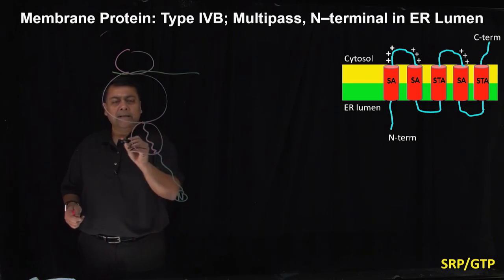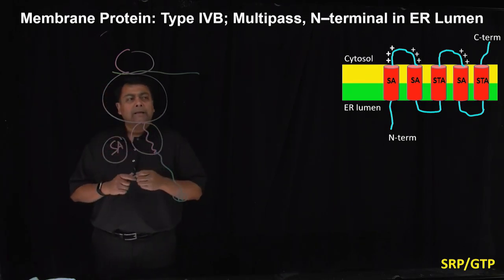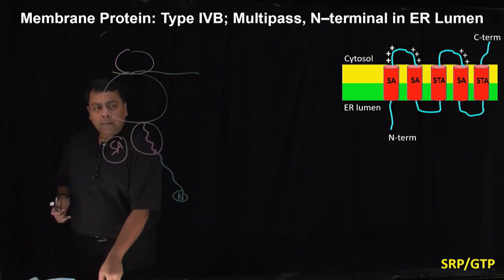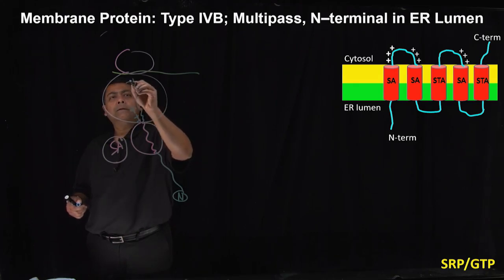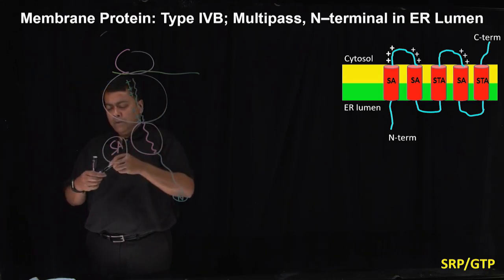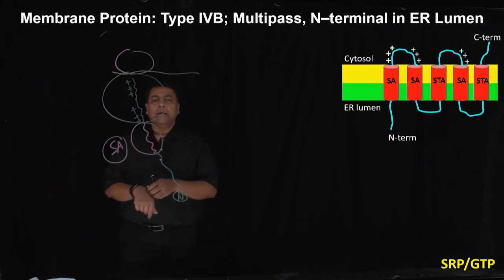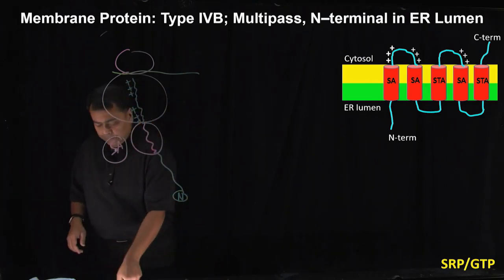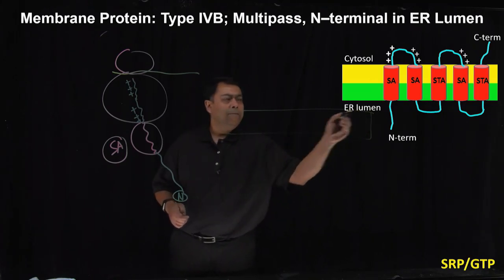This is the signal, which is the SA sequence. And this will be followed by a portion of plus charge amino acids. Now what will happen, interestingly, with this SA sequence is where it is a little bit different from the type 4A.